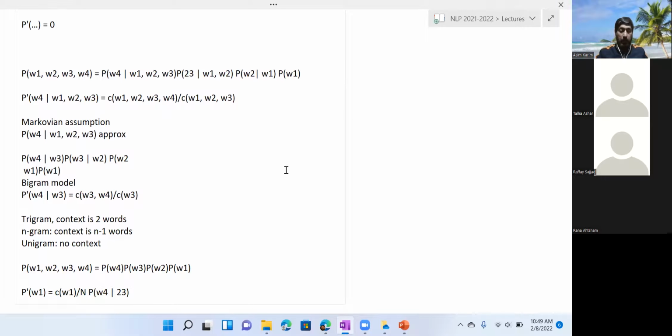So these counts are likely to be more robust, meaning that you are less likely to get noisy estimates for probabilities. Any questions?